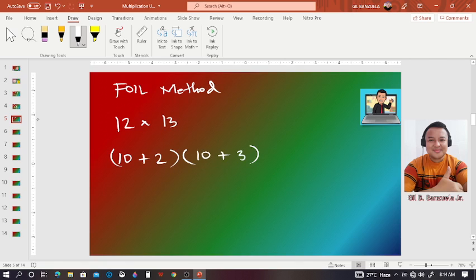Then, the next thing that we're going to do is to multiply. Ayan na. Multiply the first. So, 1 times 1. Of course, 1. And since we have 2 zeros here, kopya lang yun. So, we have 100 sa isip natin. Multiply natin itong nasa outer term. So, 10 times 3, that is basically 30.